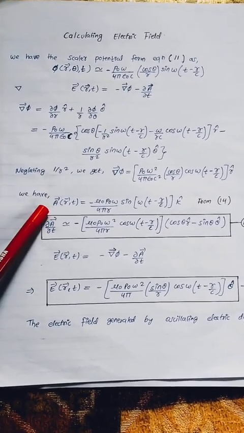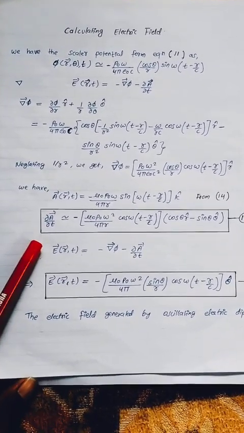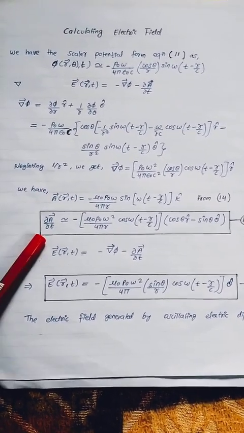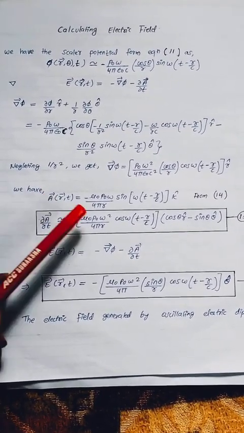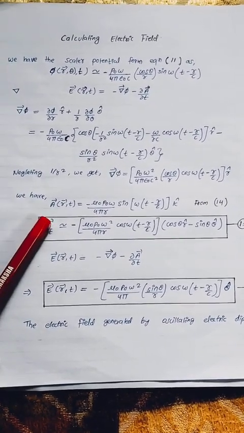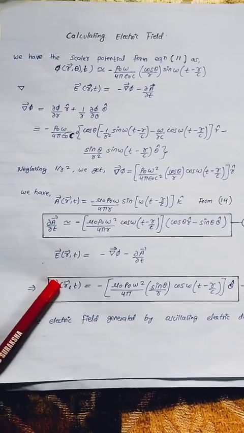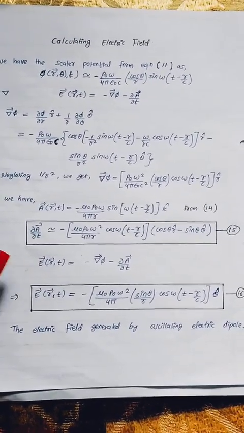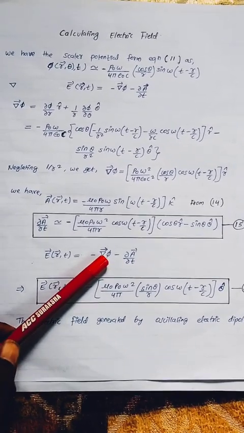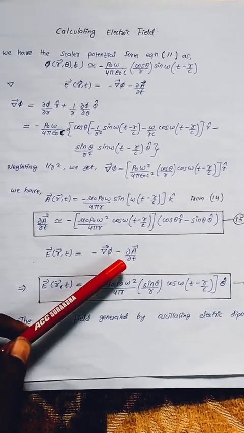Then we have the vector potential, and differentiate it with respect to t. Then electric field equals minus del phi minus del A by del t.